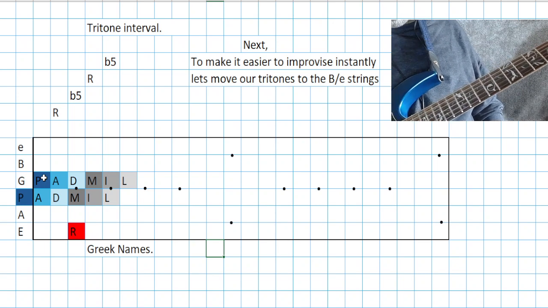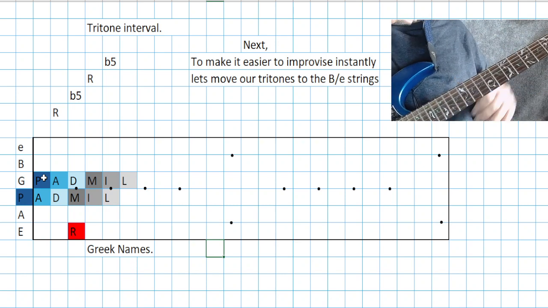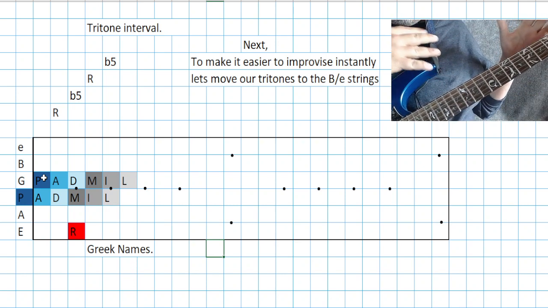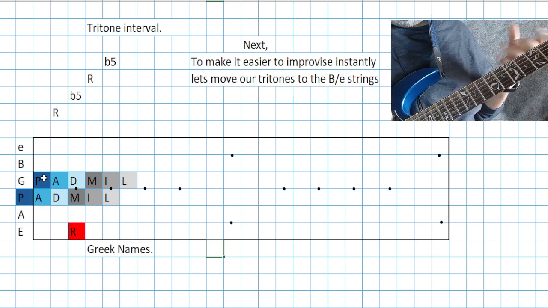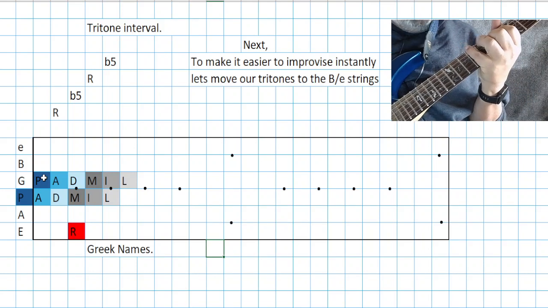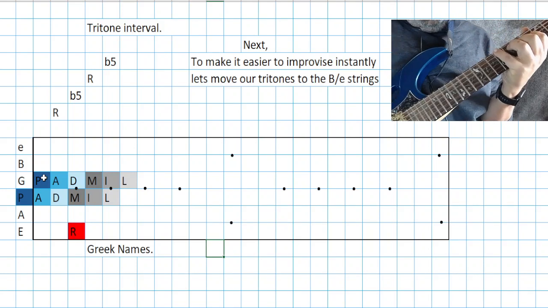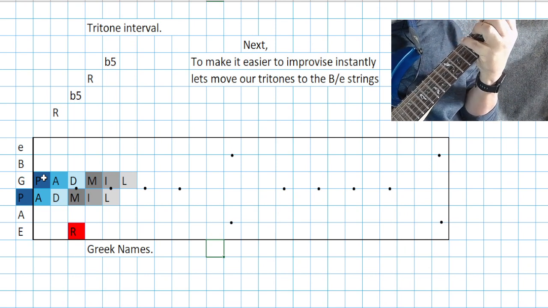Now, granted, you're not in a vacuum. You're playing with other instrumentalists, and if other notes are going on at the same time, there's a good chance that when you play this, it's not extremely common, and you're usually only there for a few bars anyway.